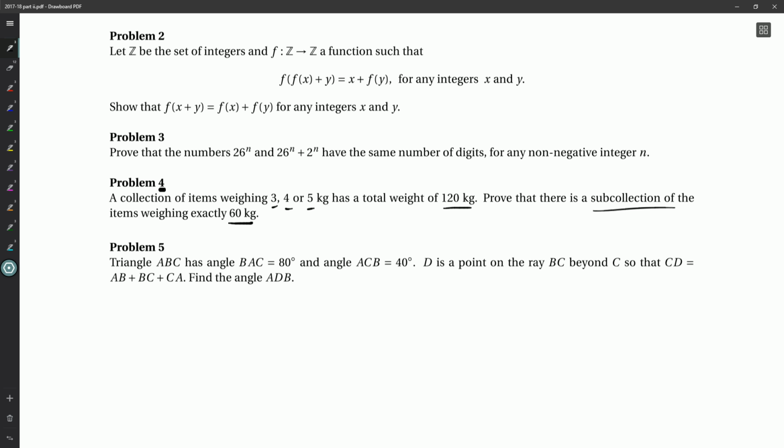Okay, so we don't know how many things weighing 3, how many weighing 4, or how many weighing 5 we have, but we're told they add up to 120. Remember this is a written question, so you probably want to explain.